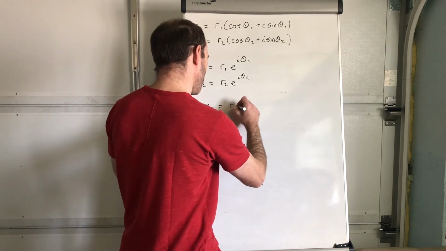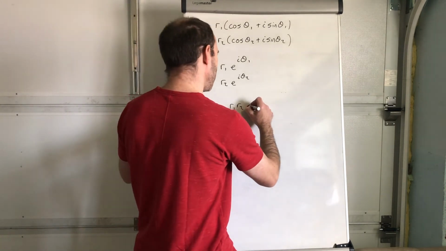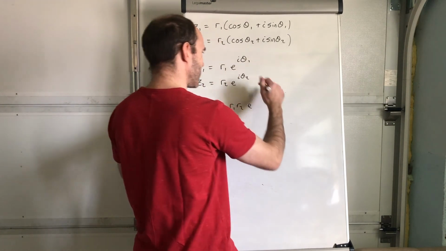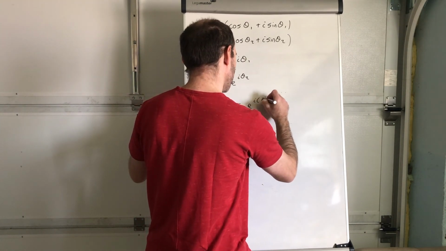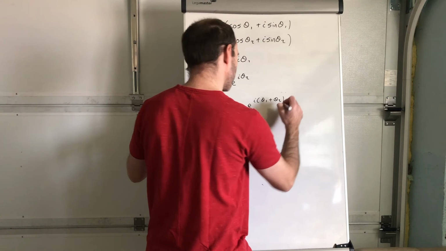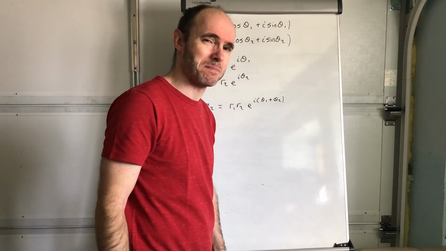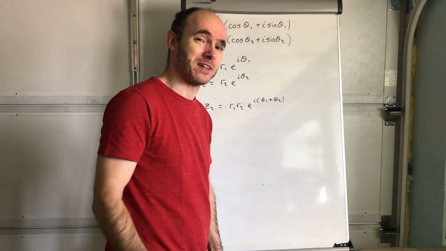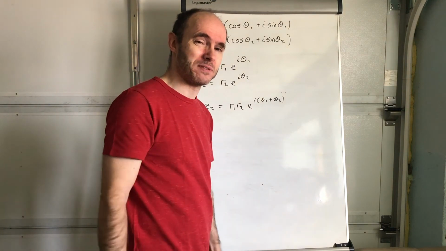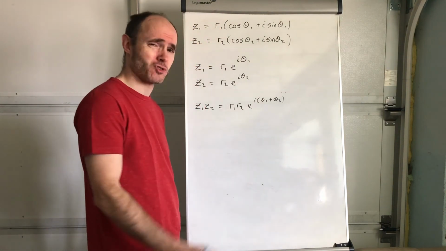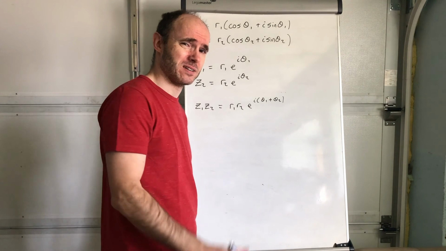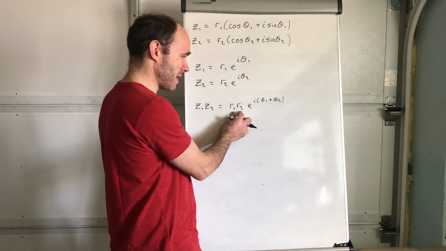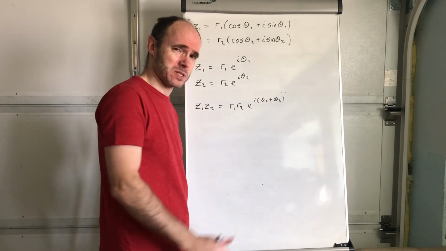You obviously get R1 R2, and then you get e to the, and you add these together, it's going to be i theta 1 plus theta 2. The proof is much simpler, isn't it? Despite the fact that it looks more complicated, it's actually a lot simpler. And you got it straight away, in very little time. You've got the two moduli multiplied together, and the two arguments added together.